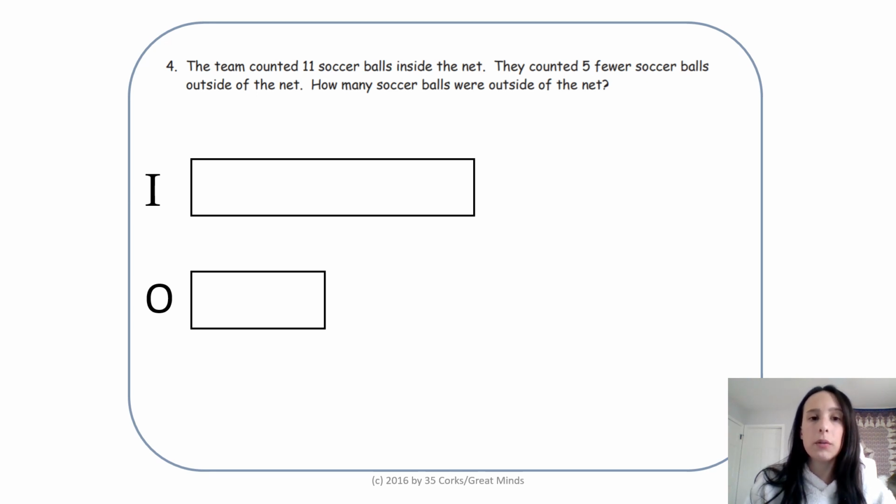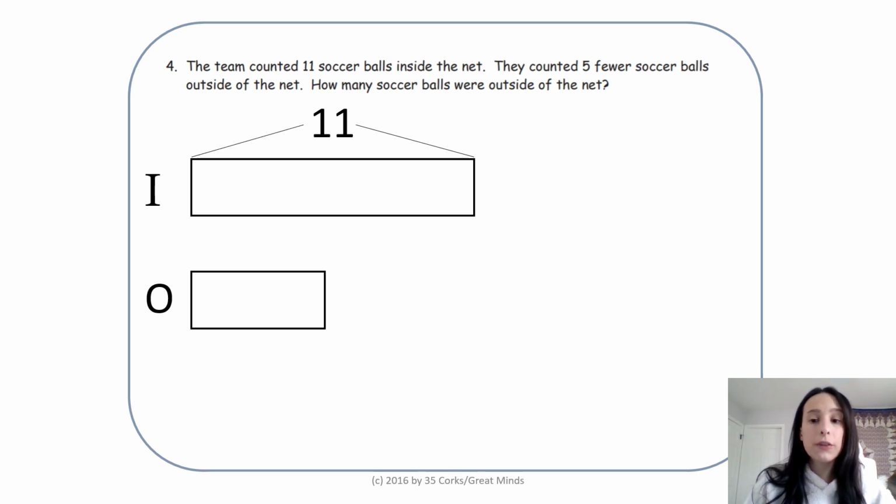We already know that the team counted 11 soccer balls inside the net. 11. Why do you think I did it like that? 11 is our total for the inside. That's why I was able to do it like that.